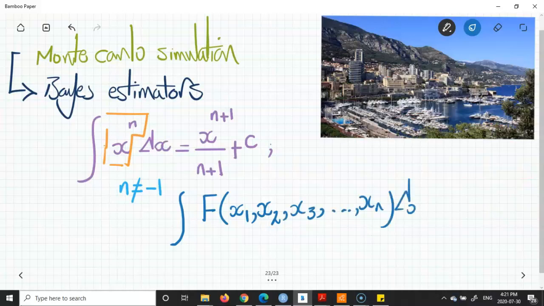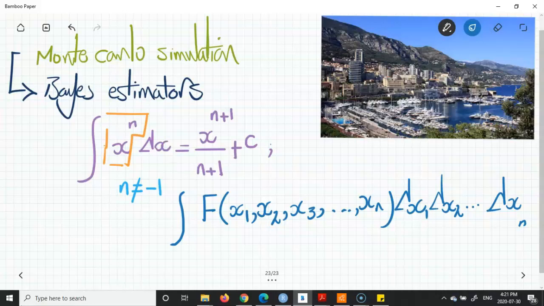And you will see that we have dx1, dx2, all the way to dxn. For these integrals, solving them analytically is not going to be an easy task, and they become intractable if you want to find the exact values of these integrals.